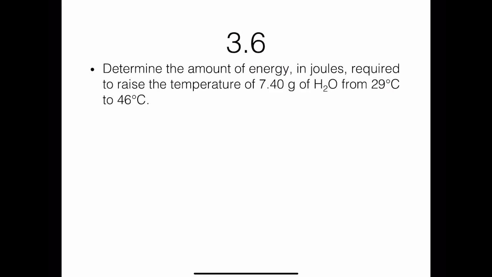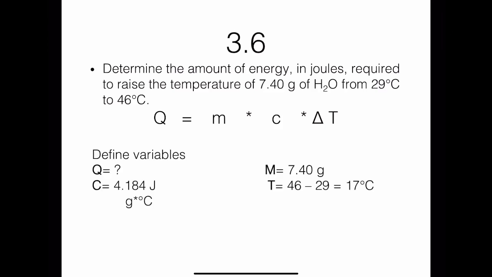So again, looking at this problem, we want to be able to define all of the variables we have and also define what we don't have. So we know the following pieces of information. We know they're asking us to solve for Q because they're asking us to determine the amount of energy, and we know energy is Q, so that's our X. That's what we're solving for.